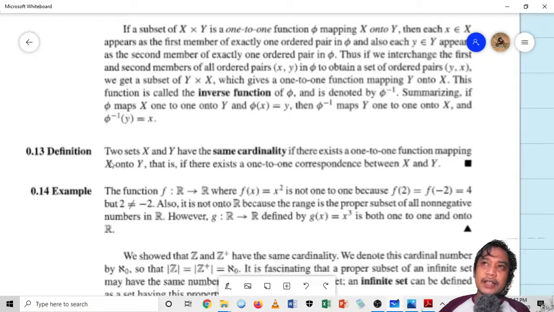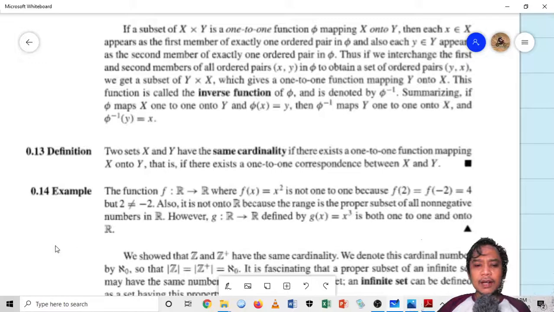I've said earlier that cardinality is just another term for the number of elements. If two sets have the same number of elements, they would have the same cardinality. But here is the formal definition of sets having the same cardinality. Two sets X and Y have the same cardinality if there exists a one-to-one function mapping X onto Y. That is, there exists a one-to-one correspondence between X and Y.